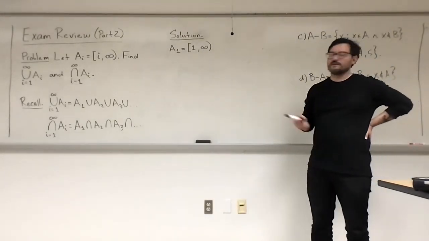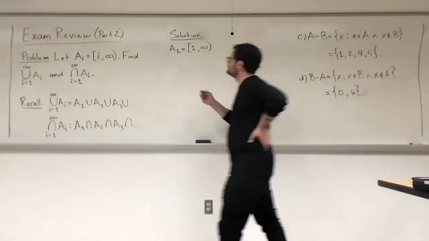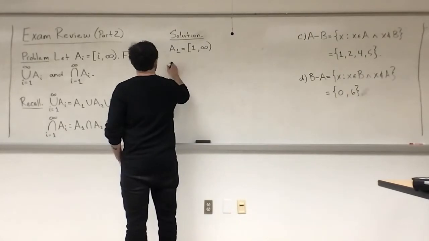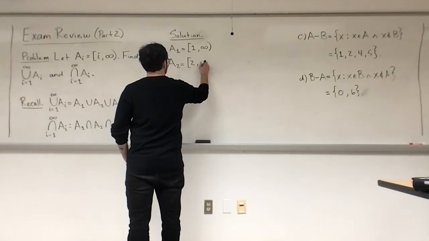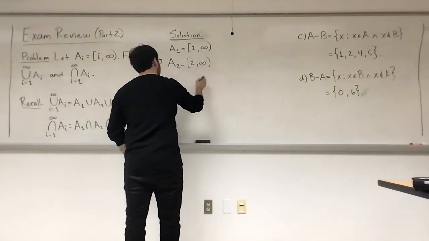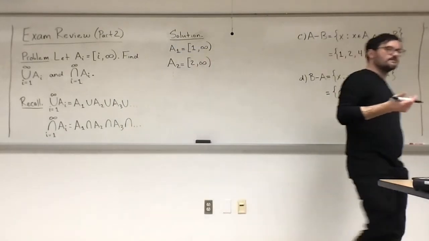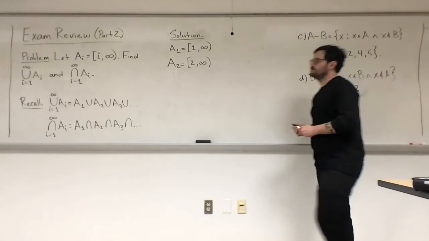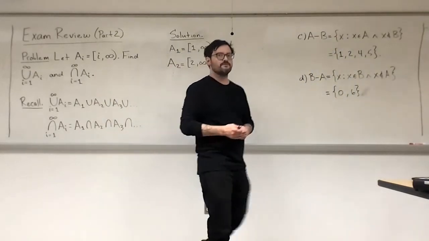That's from college algebra or something. It's just that interval. A2 is equal to the interval 2 to infinity, and so on. They're just intervals. And this is asking you to union all of them and then also intersect all of them and see what you get.